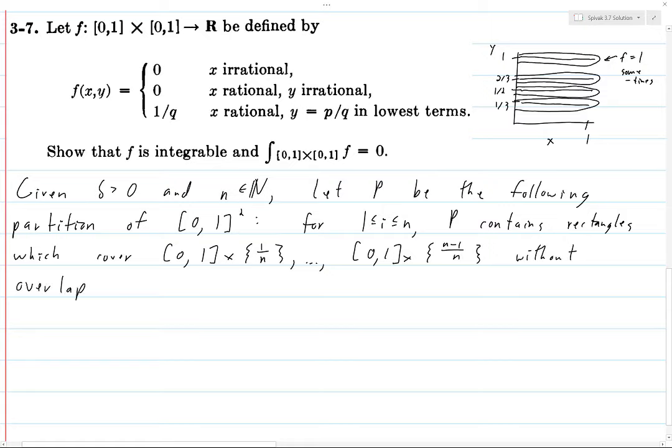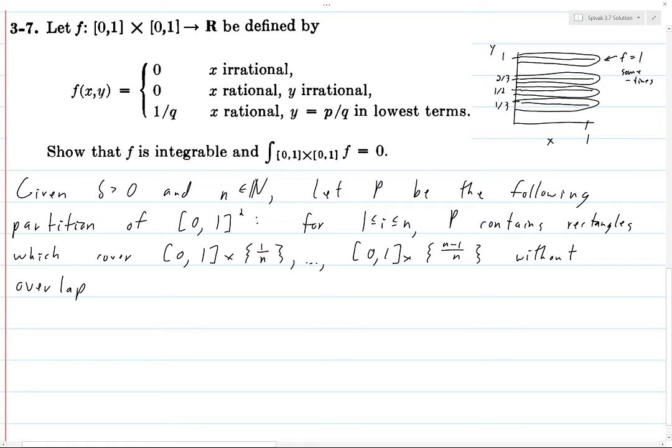overlap. What I mean by without overlap is that if we look at n equals 4, we want to cover 0, 1 cross a fourth. We also want to cover 0, 1 cross 2 fourths.